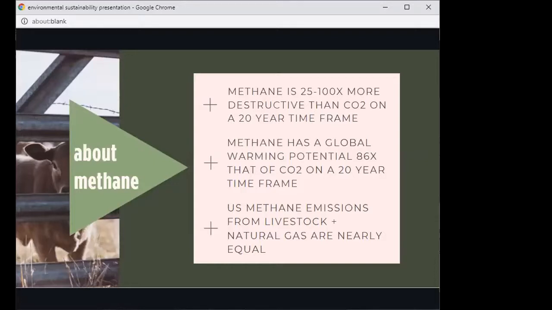So methane release primarily comes from two sources that we as individuals can focus on, and those are natural gas and livestock. Methane is extremely destructive to the environment, and it's not as easy to offset as carbon, which is something that we're going to discuss a little later. So we really need to think about ways in which we can reduce the amount that we're putting out there rather than trying to offset it.